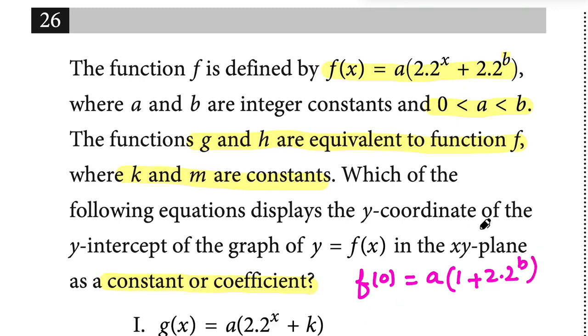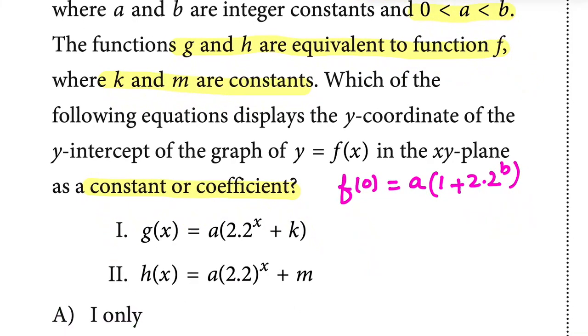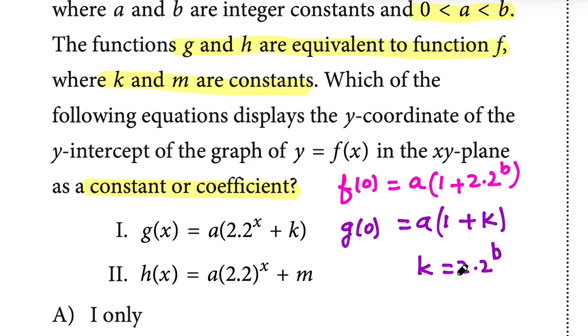Now let's write g(0). So g(0) is equal to a(2.2)^0, which is 1, plus k, so a + k. Now let's stop here. Because these functions are equivalent, k is equal to (2.2)^b.